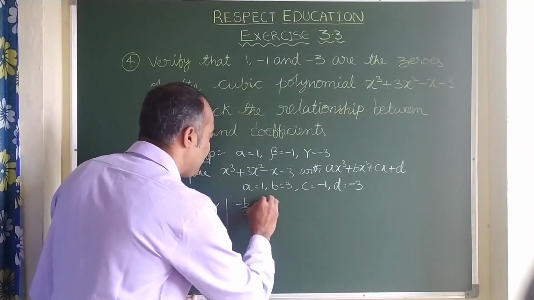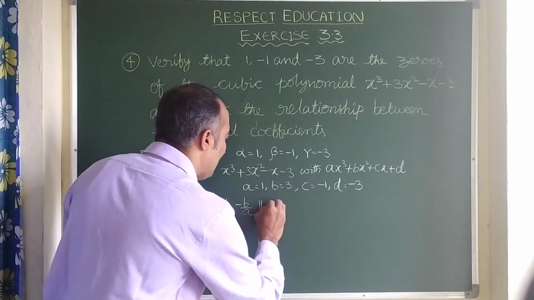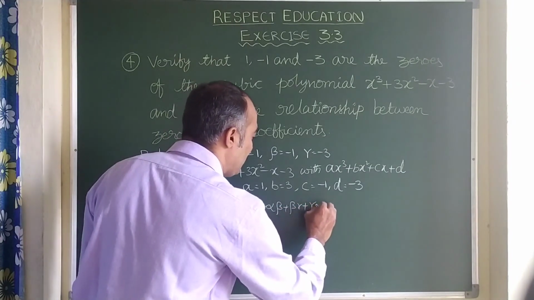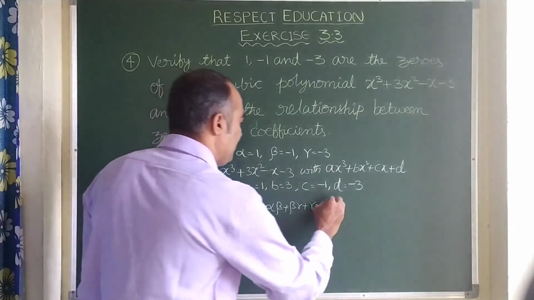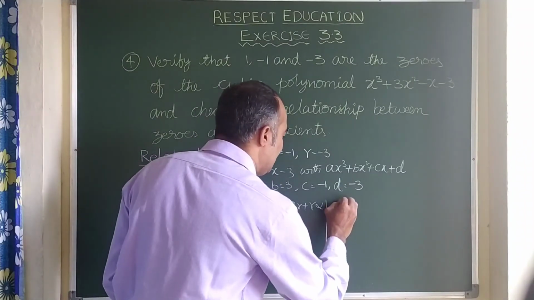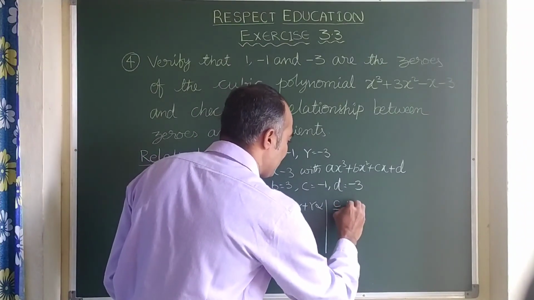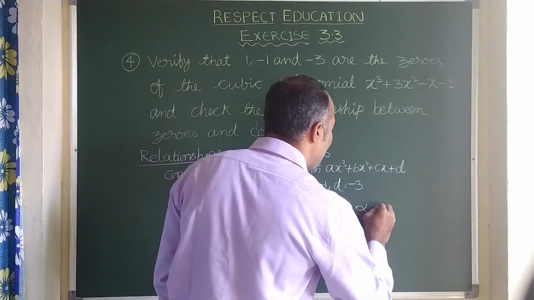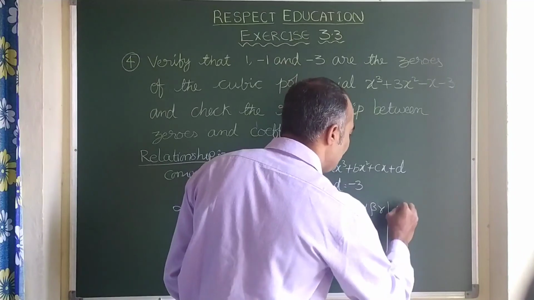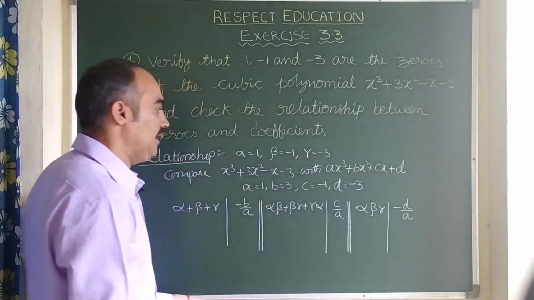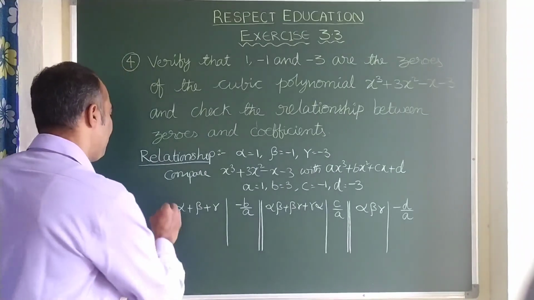Second one is alpha beta plus beta gamma plus gamma alpha, that is c by a. Third one, alpha into beta into gamma should be minus d by a.